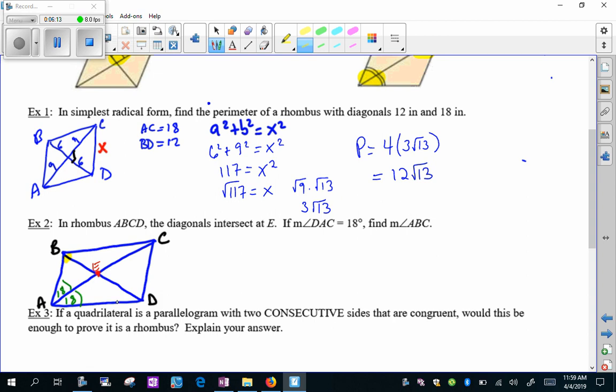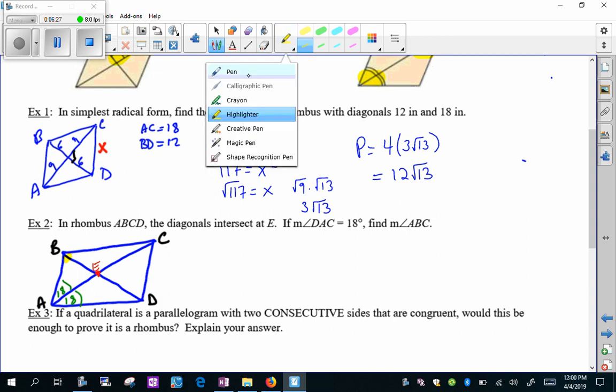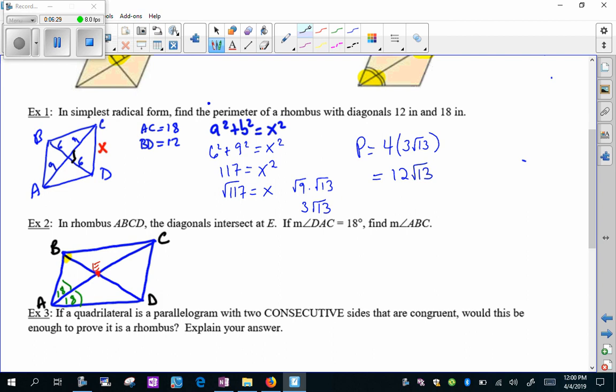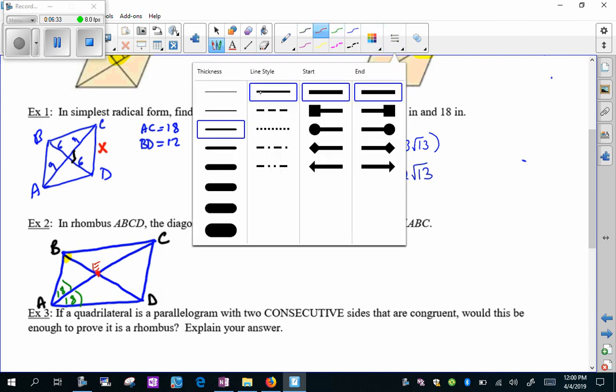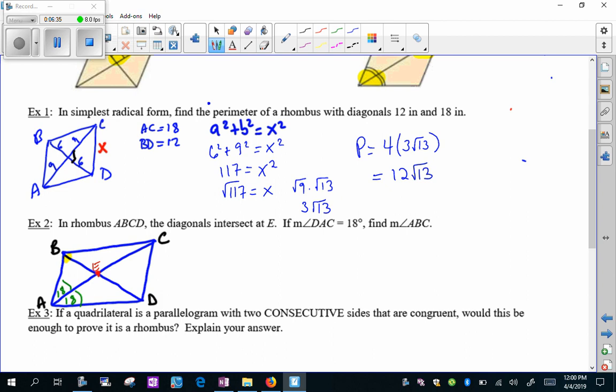So I know if DAC is 18 degrees, then CAB is 18 degrees. Now, how am I going to find angle ABC? Well, what do we have here? We know that, let's go a different color. We know we have a rhombus, and we know that the sides of a rhombus are congruent.